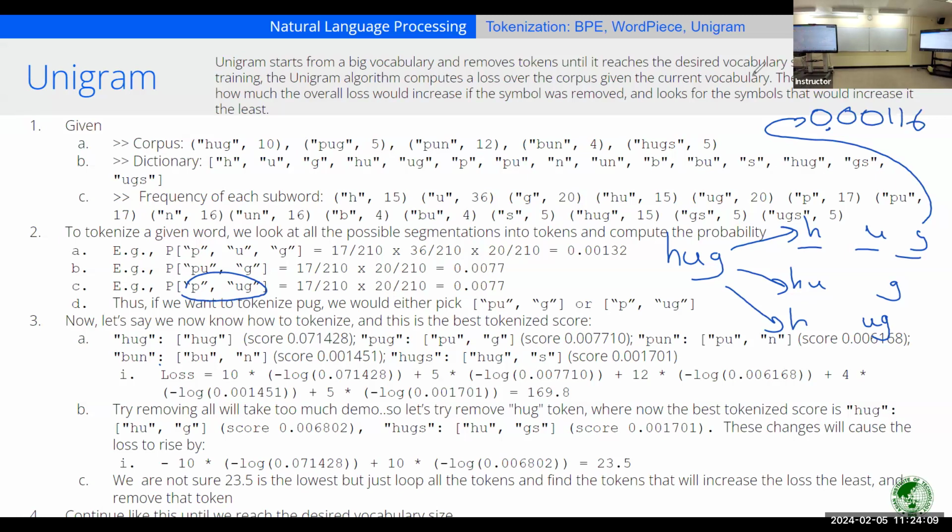And how about the second one? This one is 0.0068. Okay. Same for the last one. And this one is how much? 0.0068.